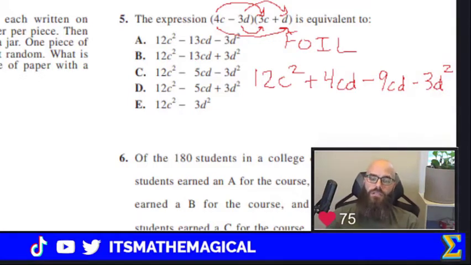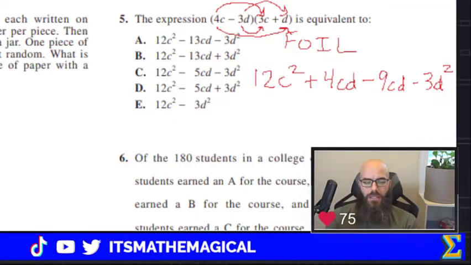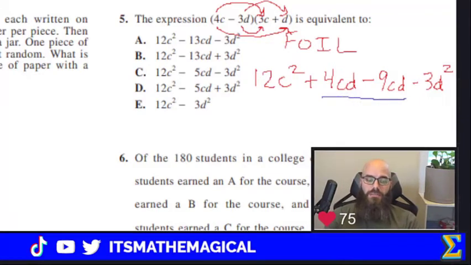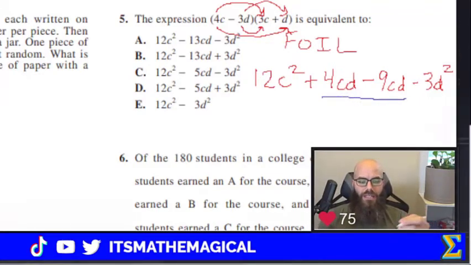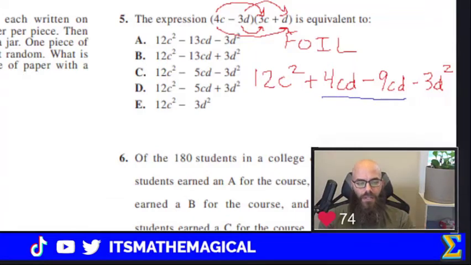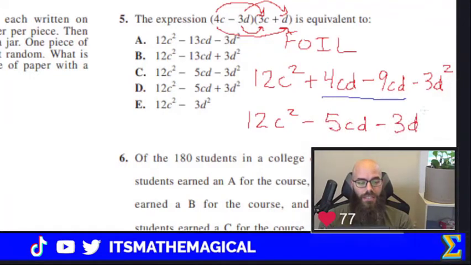And now we continue by adding our common terms. The only terms that are common in terms of the same exact variables with the same exponents would be these two terms, and they can be combined. So 4 minus 9 is negative 5. And so our answer would be 12c squared minus 5cd minus 3d squared.